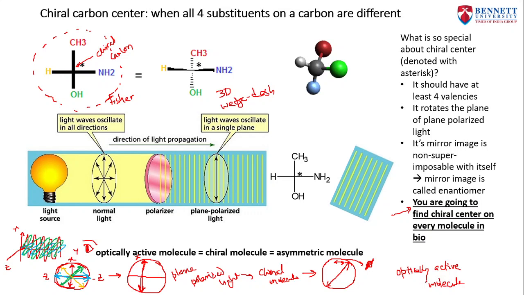The other point I want to mention is that this is measured using an instrument called a circular dichroism instrument, or CD instrument, and this kind of spectrum is called a CD spectrum.